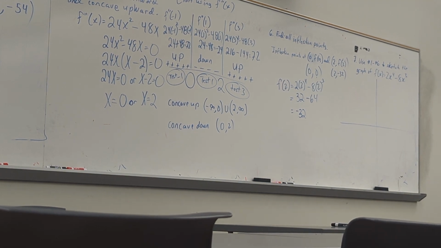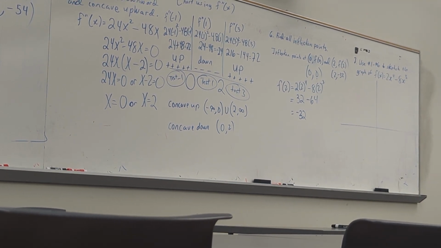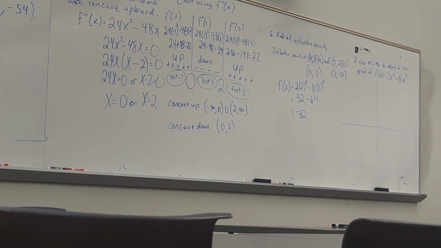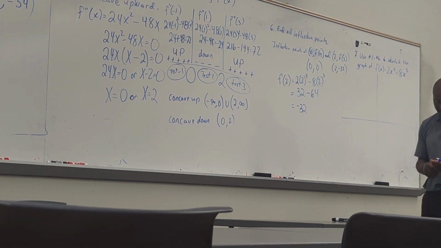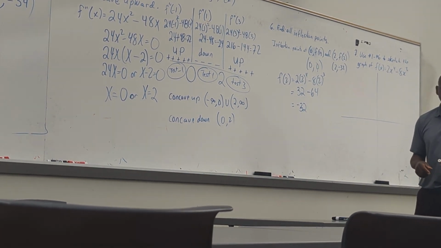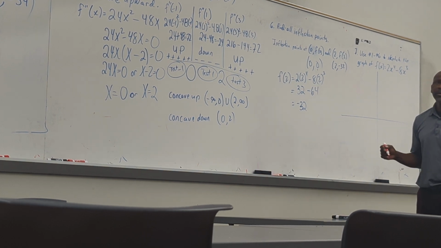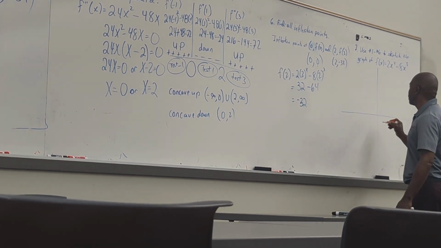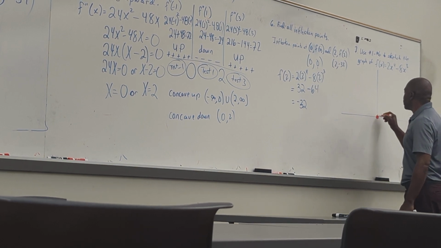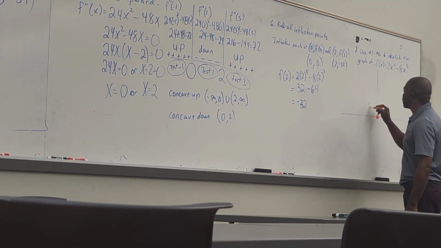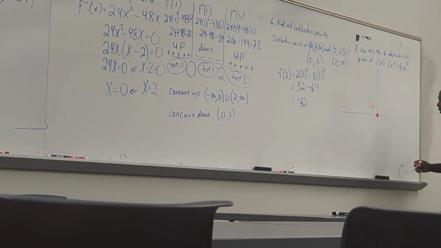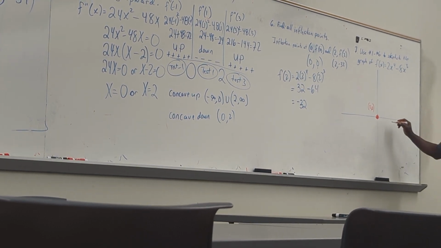If you remember when we first started this, we found the critical numbers. Then we found 2 critical points. One of them is 0, 0. The other one is 3, negative 54.